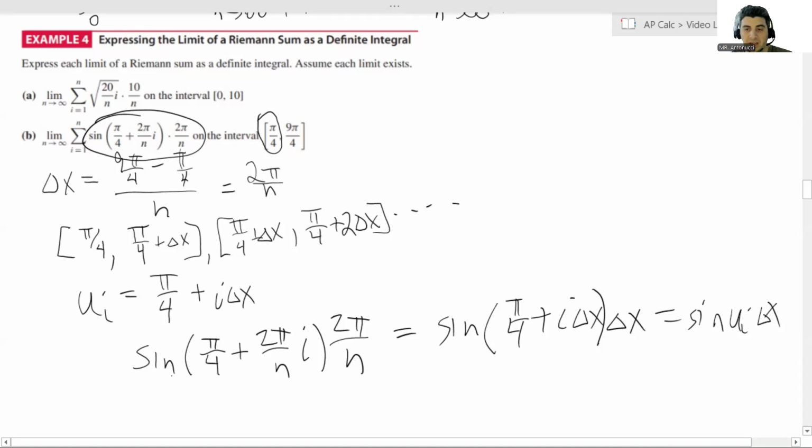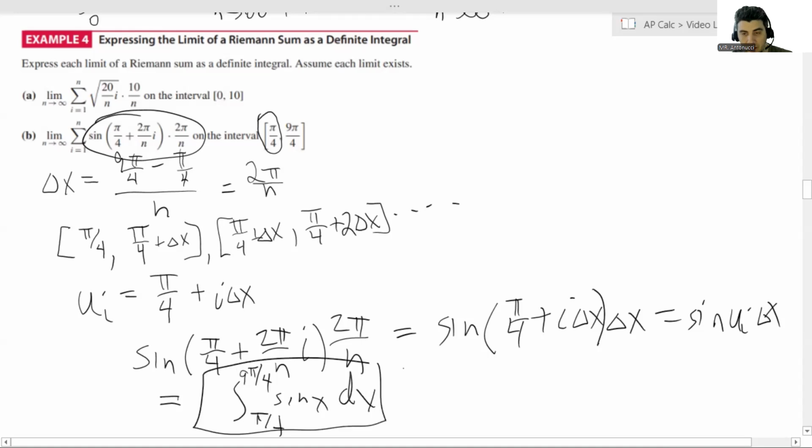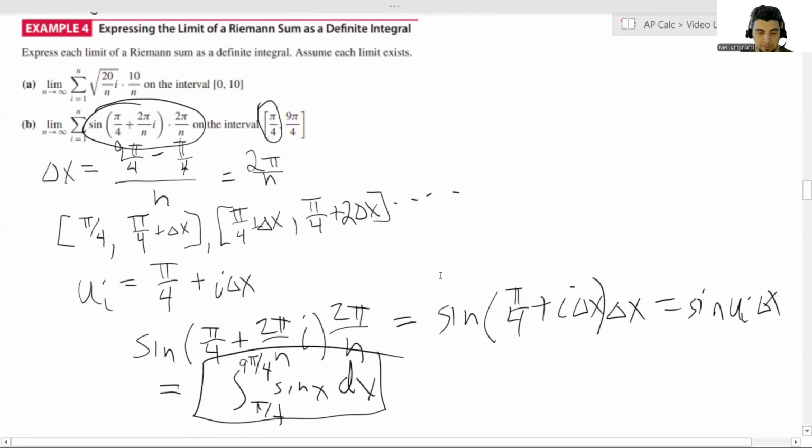So we did all of that so that we could just write the definite integral, which is the integral from pi over 4 to 9 pi over 4 of sine x dx. And that would be our answer for that one there.